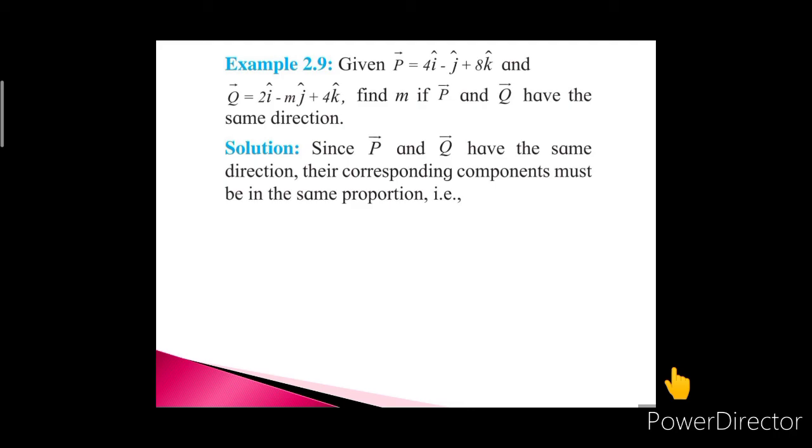That means the magnitude of the component of vector P along x-axis and the magnitude of the component of vector Q along x-axis is to be taken in ratio, and this ratio is equal to the ratio of the magnitude of the component of vector P along y-axis to the magnitude of the component of vector Q along y-axis, which is equal to the ratio of the magnitude of the component of vector P along z-axis to the magnitude of the component of vector Q along z-axis.